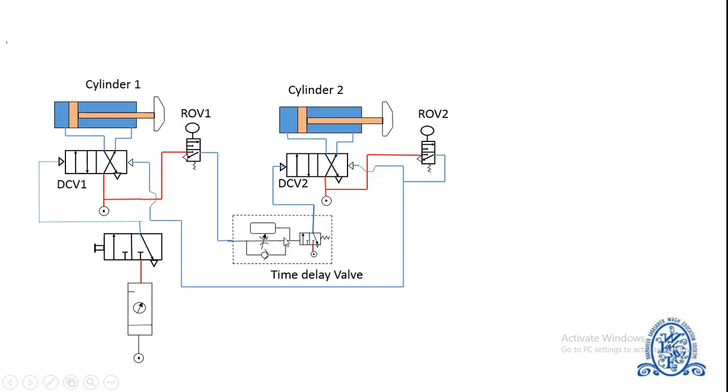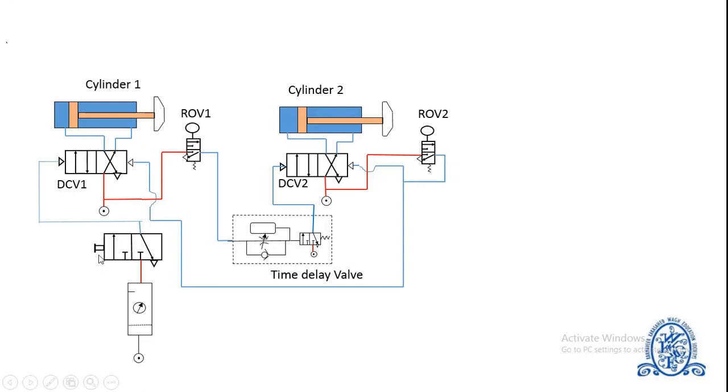And then, when this chamber is completely filled, the pressure signal will actuate the direction control valve. A time delay valve is thus a combination of a pneumatically actuated 3x2 direction control valve, an air reservoir, and a throttle relief valve. In pneumatic time delay valves, typically time delays in the range of 5 to 30 seconds are possible.